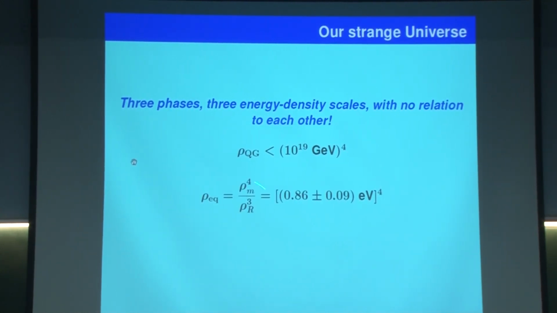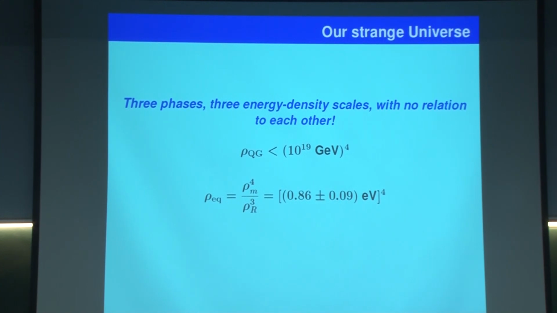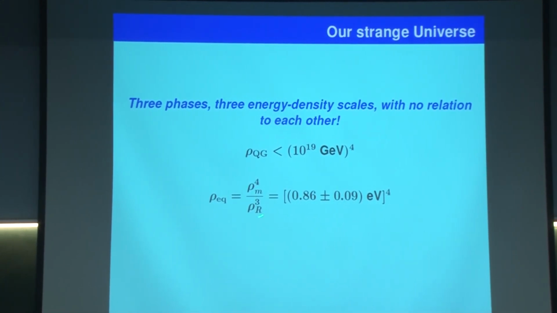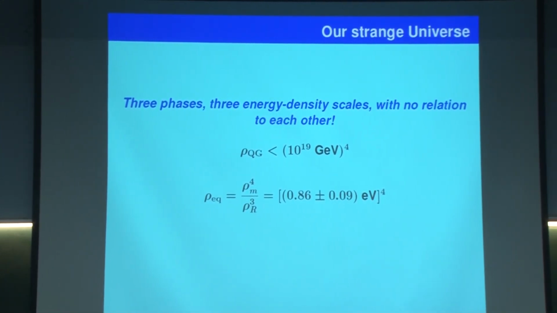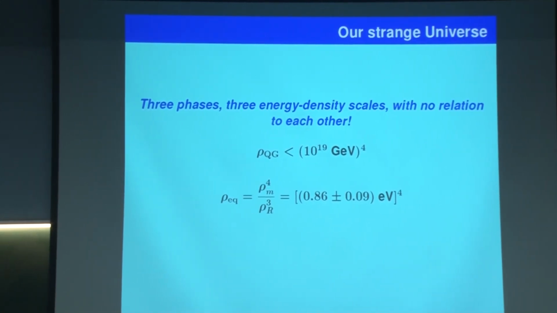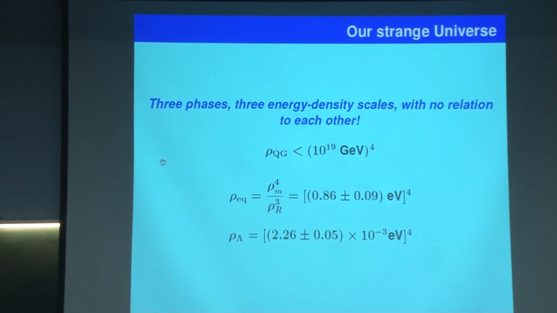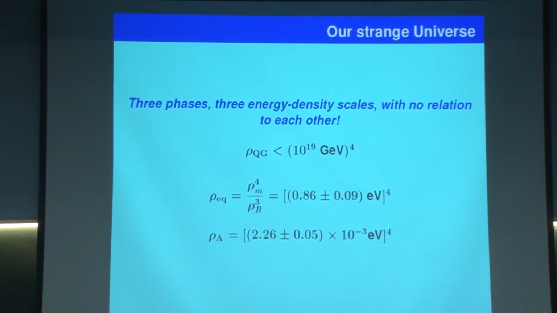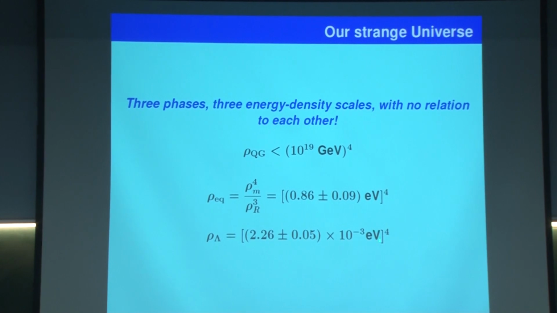Second, you take rho_EQ. This is what you were saying. Its value is something like a few eV to the power 4. And we again don't quite know its value, but we quite know how to fix its value. I will come back to what it depends on. Then you have a rho lambda, and that again, if you put it in these units, it will come to this.